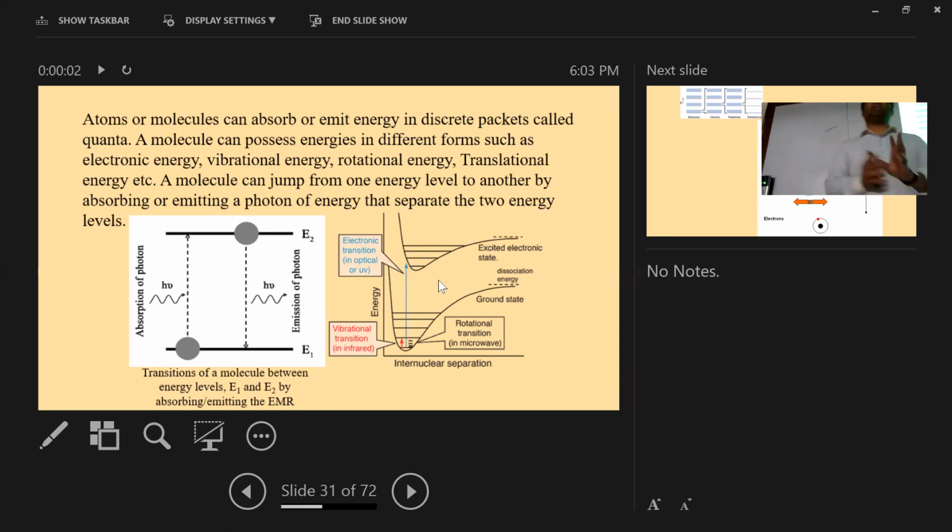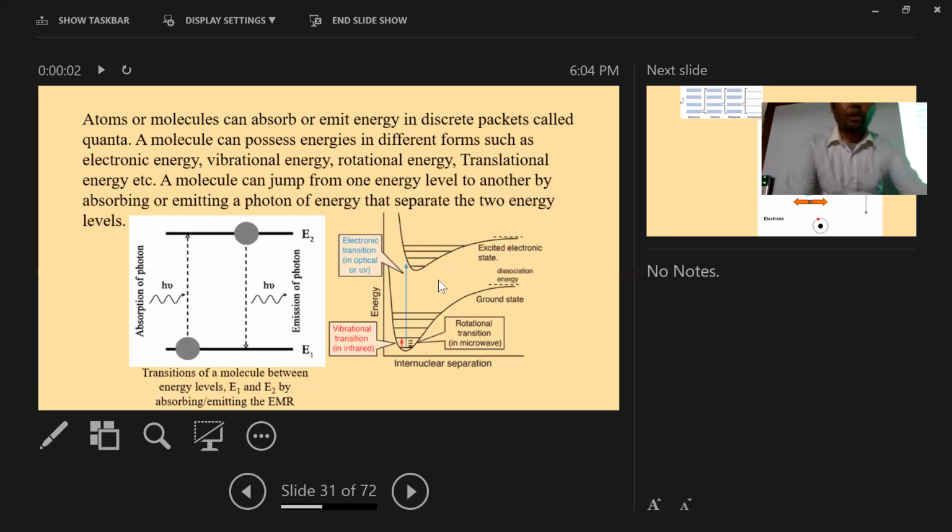The molecule in the normal state, if you apply some energy, can jump up somewhere else. It can go either here or here or here, or even if you give more energy, it can jump out of the excited states, and in that case it can decompose. But if you give a certain amount of energy, just enough to jump from here to here, it will be excited.